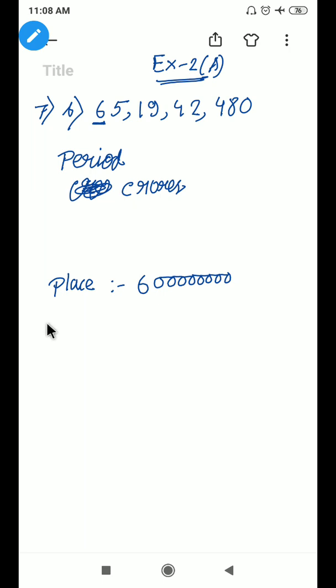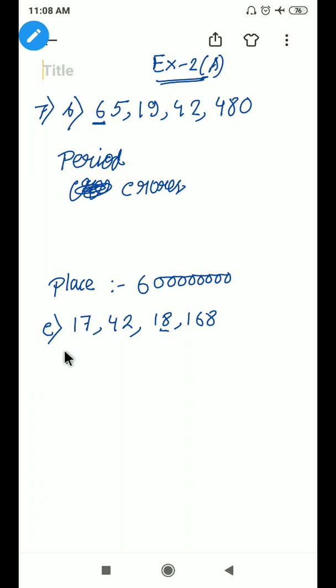Now look at question number C. Question number C is given here, 17 crore 42 lakh 18,168. Here the underlined digit is this 8.